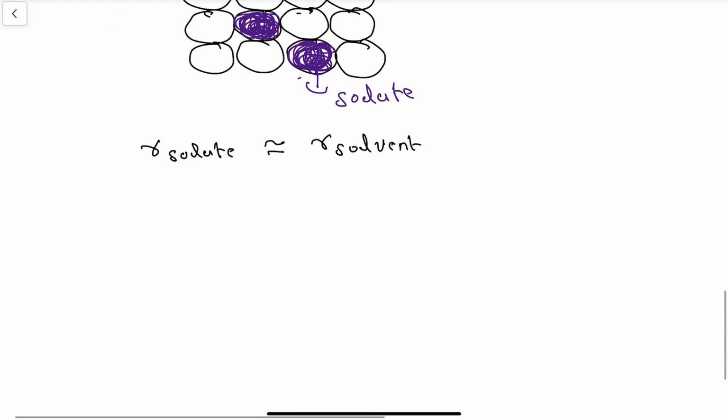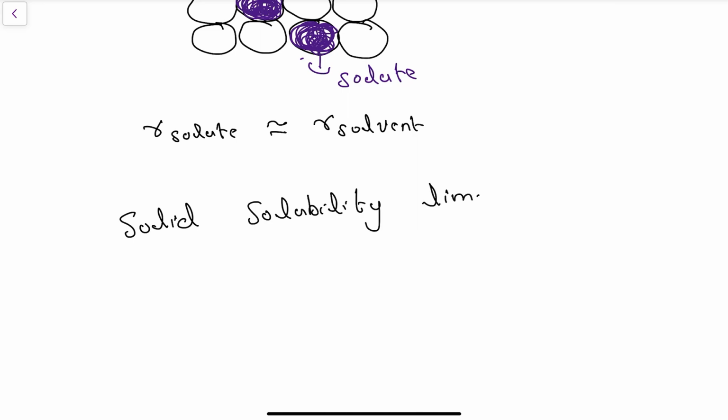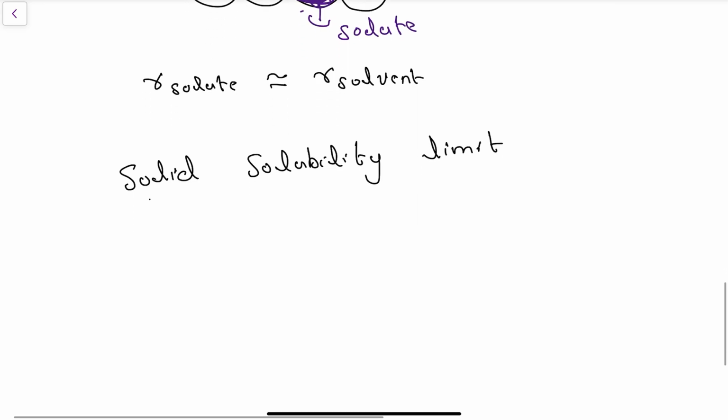In this video, we will mainly focus upon the solid solubility limit and the Hume-Rothery rules. First, we will discuss the solid solubility limit, and then we will discuss the Hume-Rothery rules.